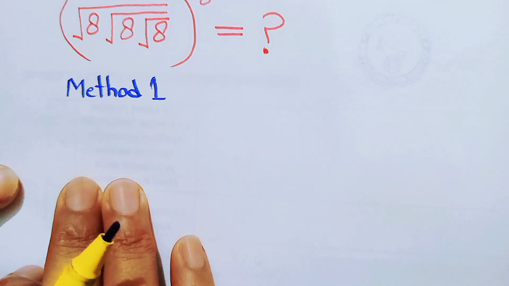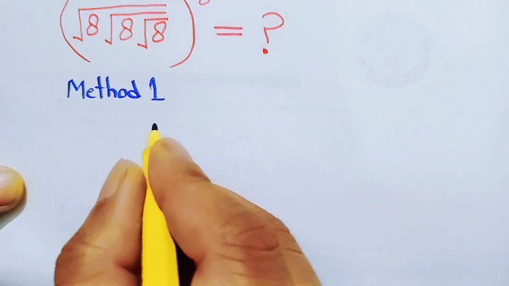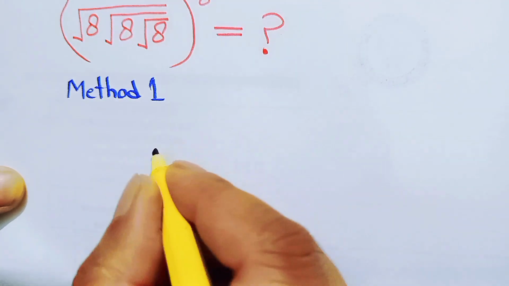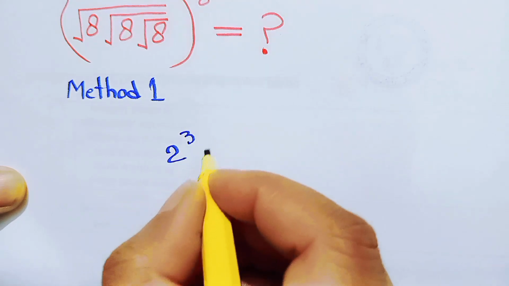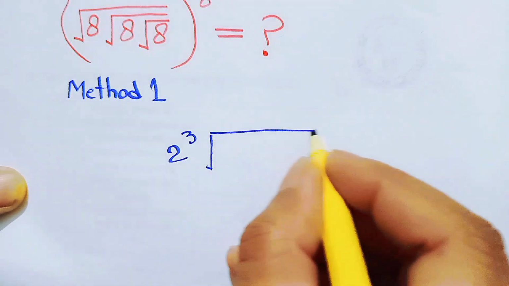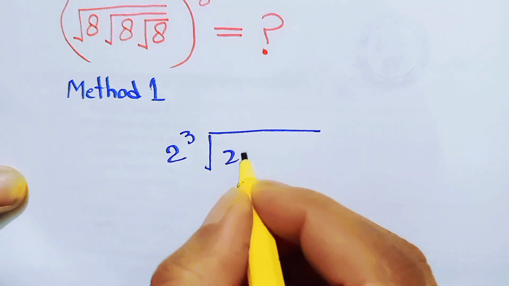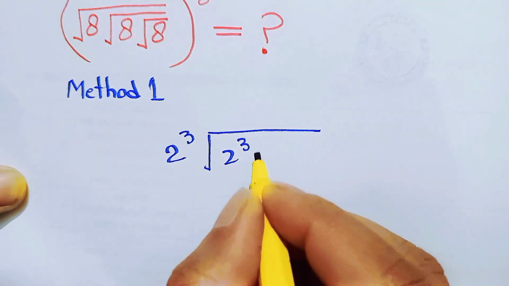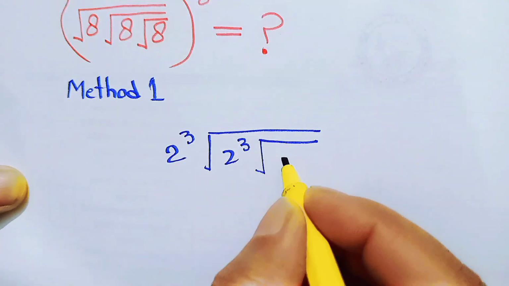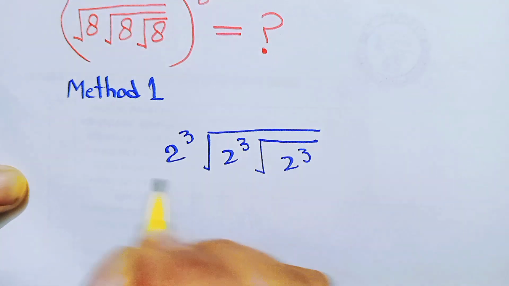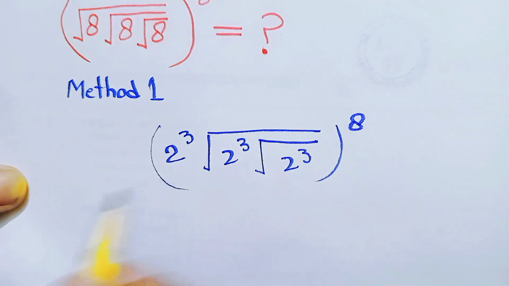Now the square root of 8 can be written as 2 cube, and the square root of this 8 is 2 cube, and the square root of this 8 of 2 cube, and the whole to the power of 8.